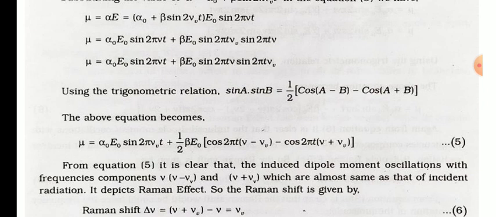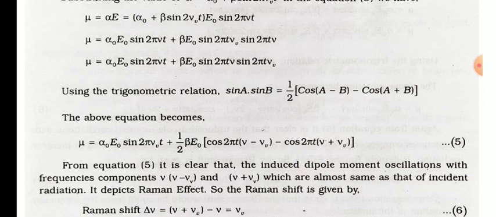So from equation number 5, it is clear that the induced dipole moment oscillates with frequency components nu, nu minus nu v and nu plus nu v, which are almost the same as that of the incident radiation. It depicts the Raman effect.